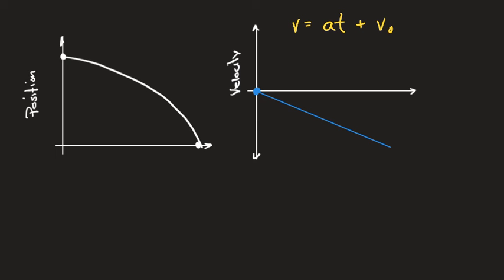We know it because we've seen the equation for a straight line before, and we know that this graph has to have an expression that mimics that of a straight line. V as a function of t is linear, the slope being the acceleration and the y-intercept being the initial velocity.